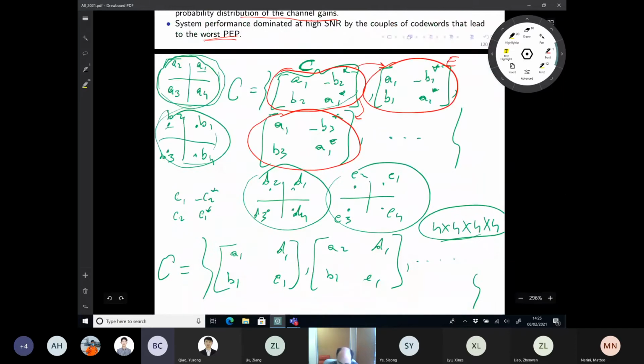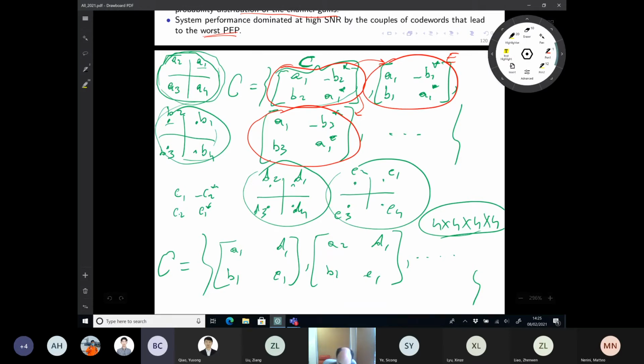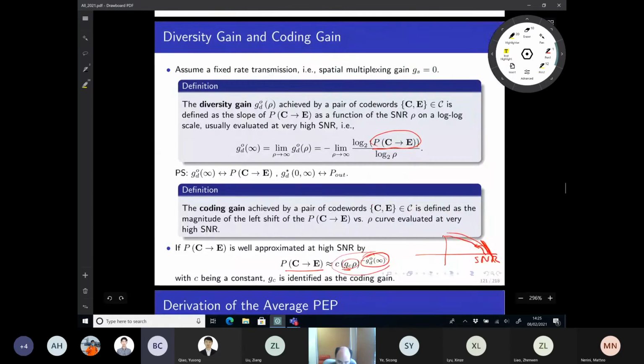For instance, this is E. I confused C with a code word E. What are the pairs of C and E that will lead to the worst performance? Because those pairs will primarily dictate the performance of the system. And from there we'll be able to identify what kind of code book or code word is better.